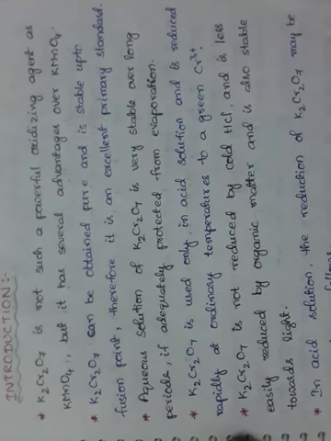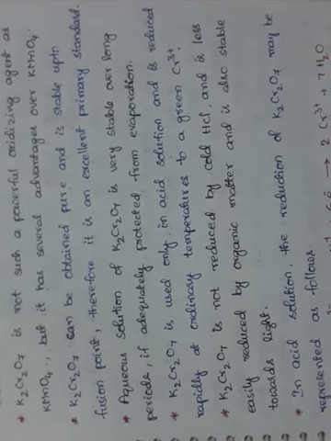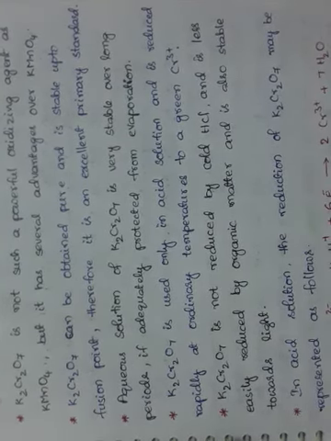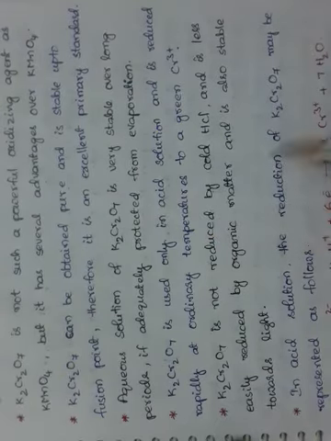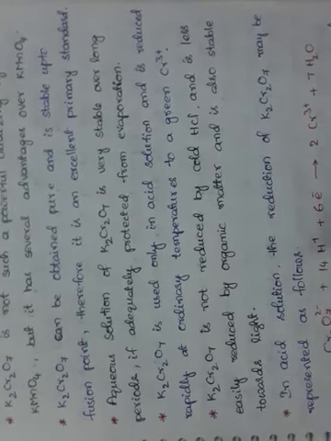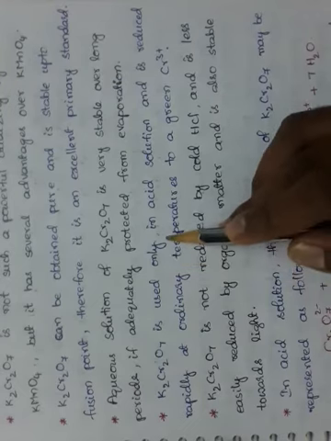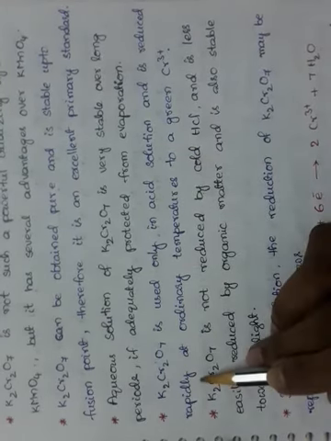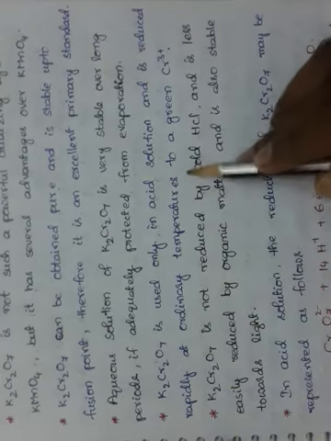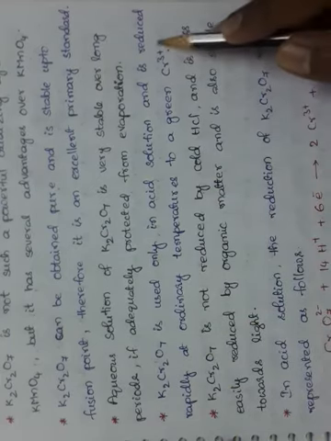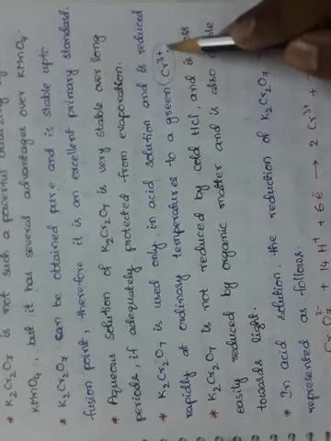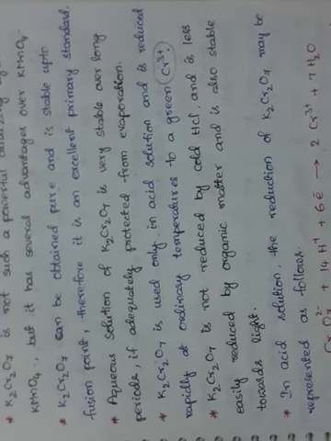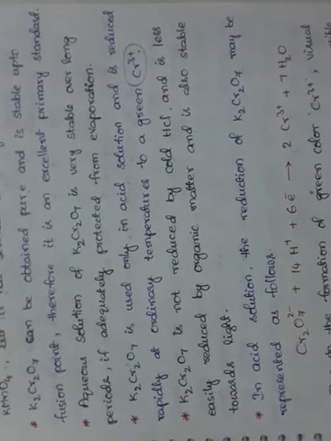If the temperature is less, then automatically it will be stable for long periods. Next, potassium dichromate is used only in acid solution and it is reduced rapidly at ordinary temperatures to green Cr3+. So, chromium 6 will be reduced to chromium 3.